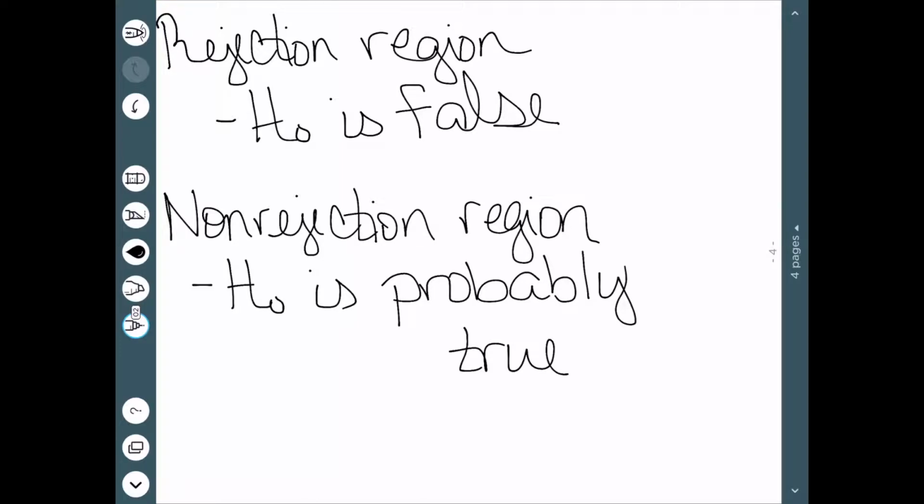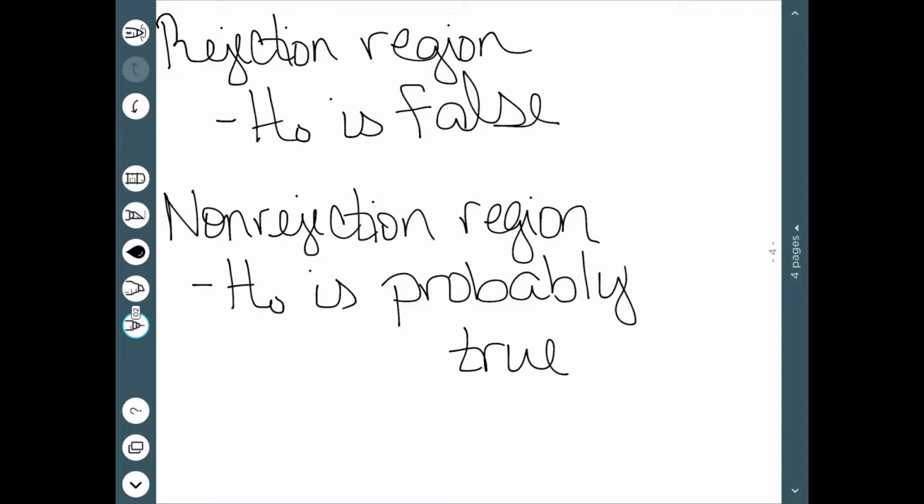We can't say it's definitively true. Really, what we say with non-rejection is there's not enough evidence to say that it's false. And that's how this is always worded. So we never say our null hypothesis is necessarily true. Instead, we say that there's not enough evidence to tell us that it's false.